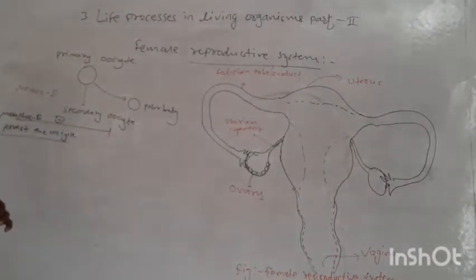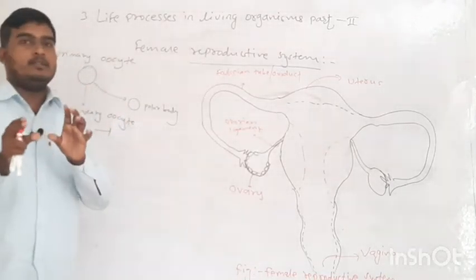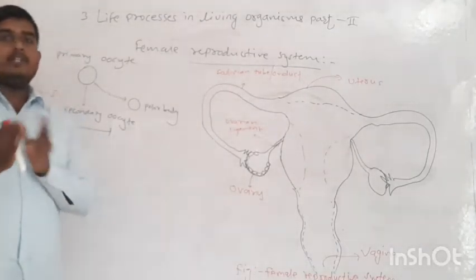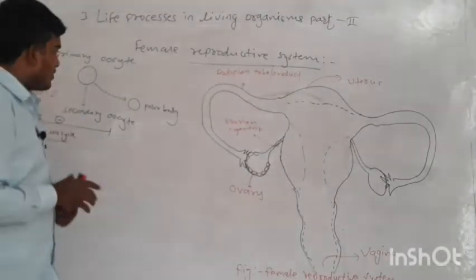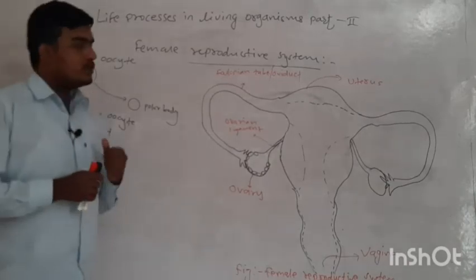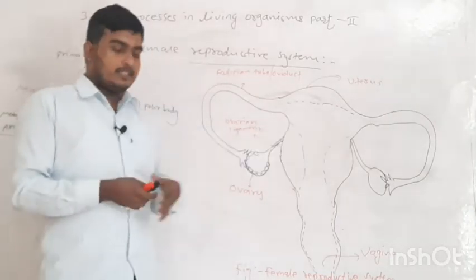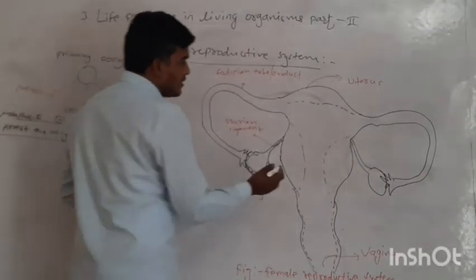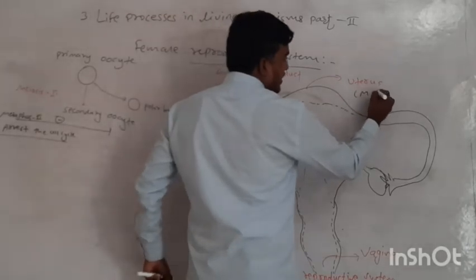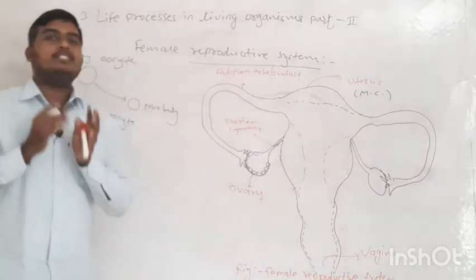Now what happens, two processes occur simultaneously, and these two processes depend on one another. During the formation of the ovum, another process is occurring inside the uterus, called MC, the menstrual cycle.